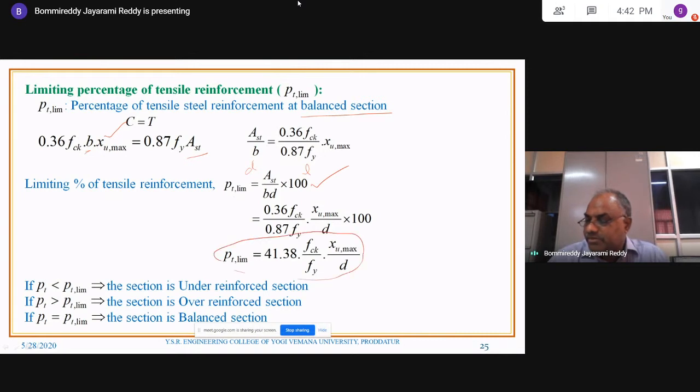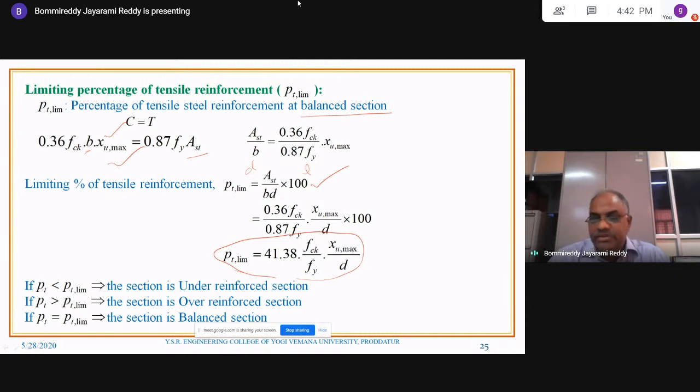Don't learn this by heart. Don't learn anything by heart. This is the original equation everybody knows. If a question comes in the examination, always try to calculate any value from the base. If you try to remember this, you will definitely forget it. So now the xu maximum term is involved.